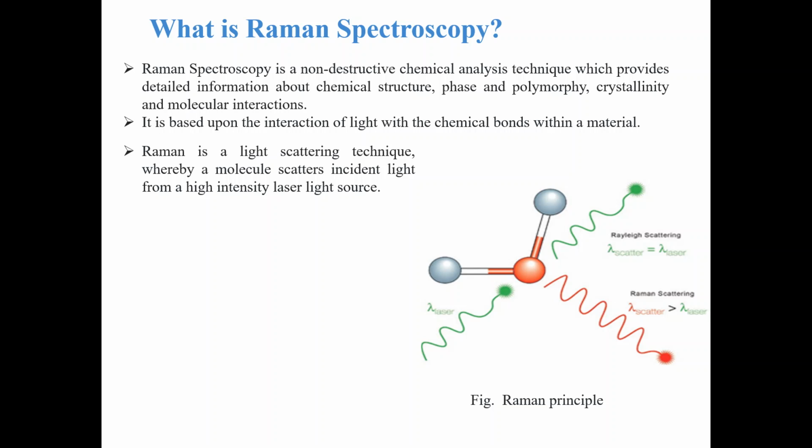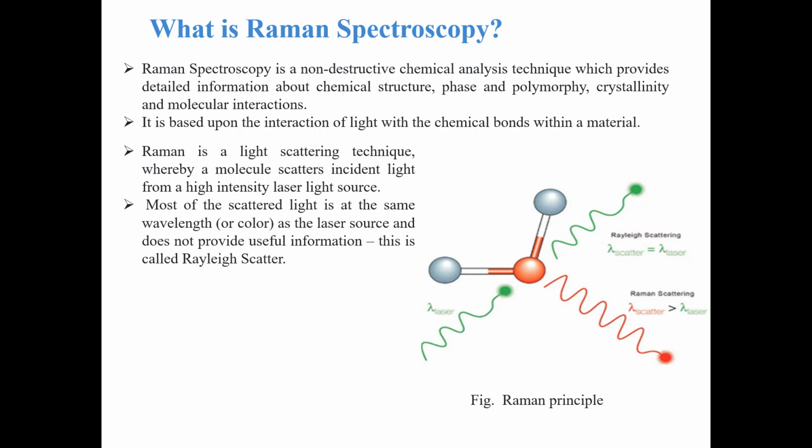intensity laser source. Most of the scattered light is at the same wavelength as the laser source and does not provide useful information. This is called Rayleigh scatter. Here you can see the typical process of light scattering in the Raman technique. This is a molecule and we have a laser light of a particular wavelength.